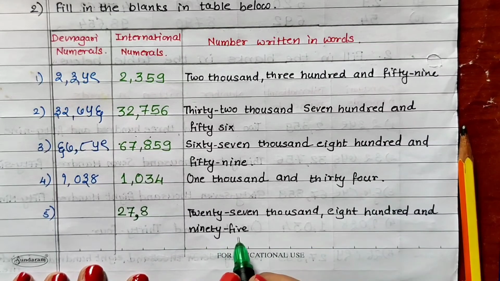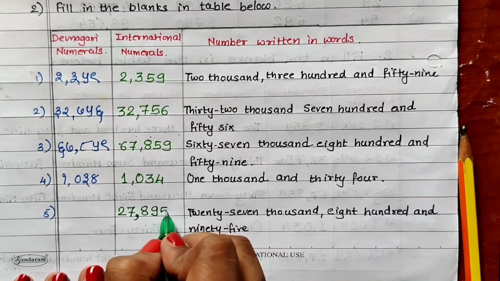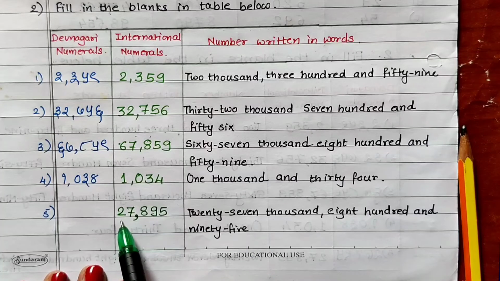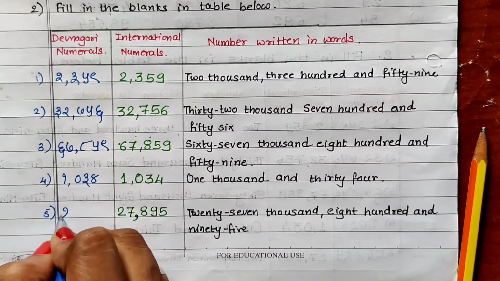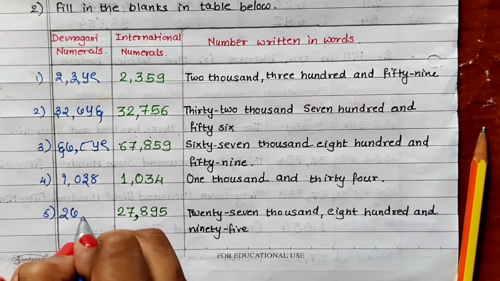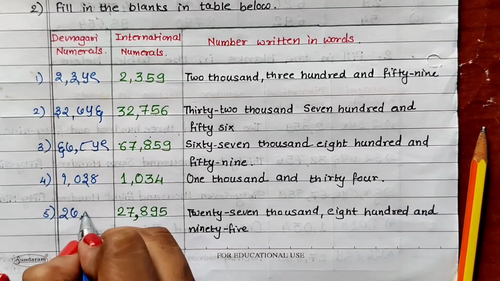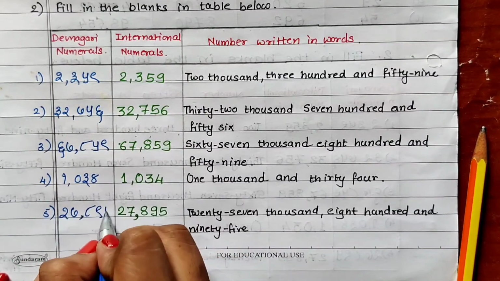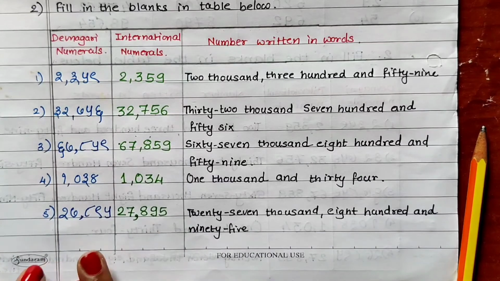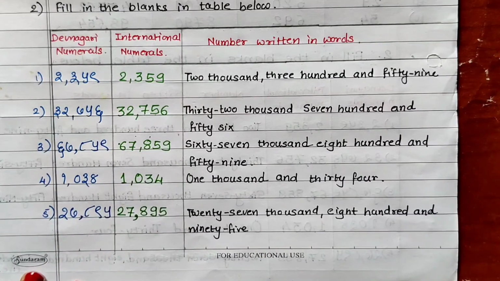And 95. In this way we can write the number 27,895. Now write it in Devanagari. 2 means 2, 7 means 7, comma, 8 means 8, 9 means 9, and 5 means 5. In this way we can write in the Devanagari numerals.